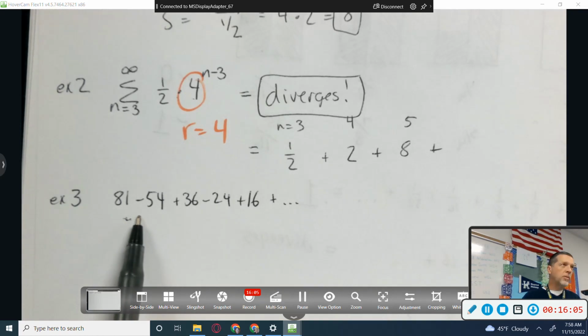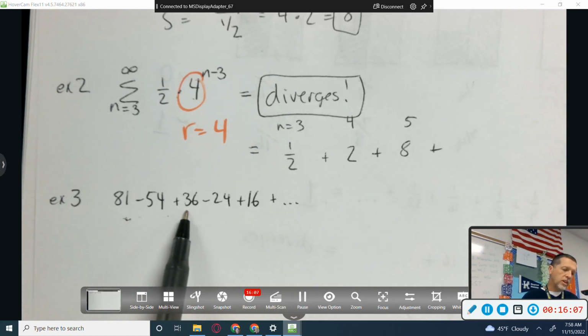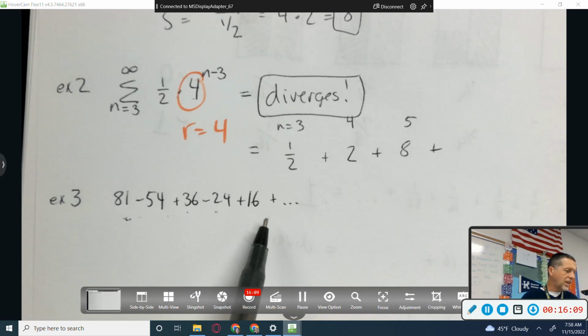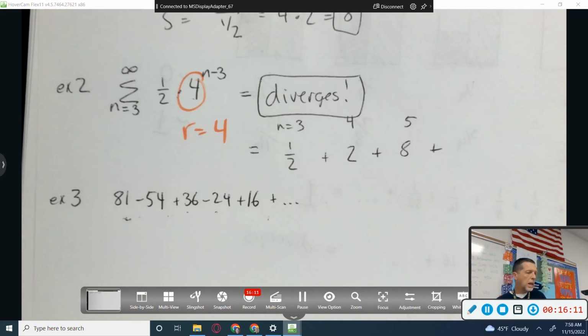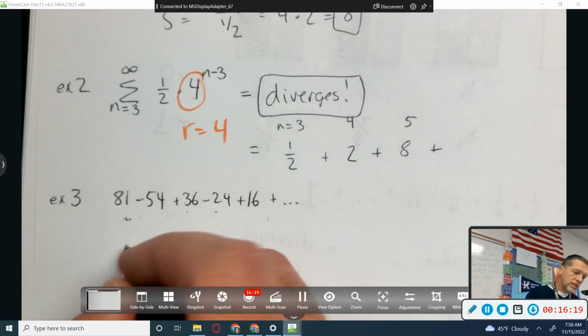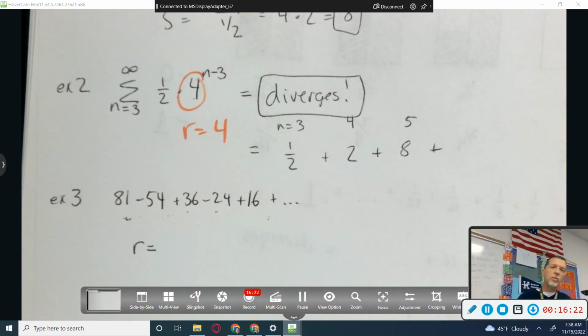Example 3: 81 minus 54 plus 36 minus 24 plus 16. Are my terms getting smaller? Yeah, so this should work. I just need to figure out what r is. So how do I figure out what r is?